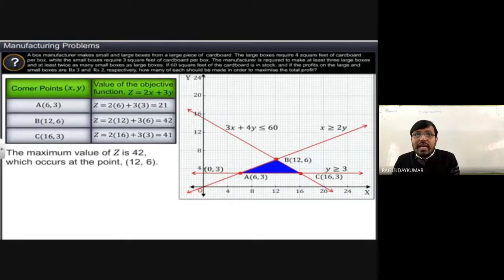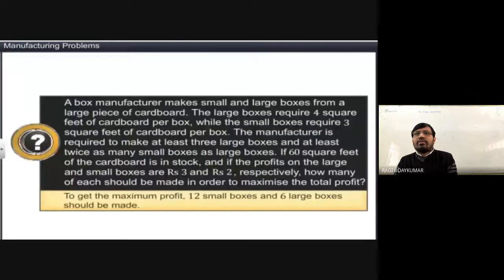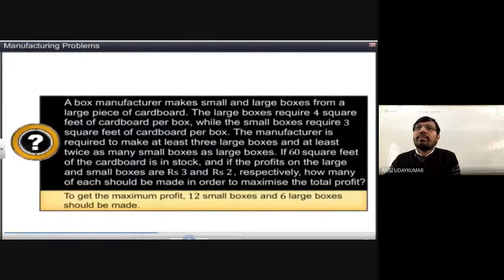So 12, 6 is nothing but 12 small boxes and 6 large boxes should be made with the 60 square feet of cardboard. You can make others also, but if you make like this, you are going to get the maximum profit.